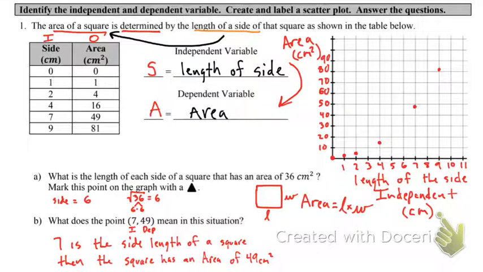So this statement here, (7, 49), is not just numbers, because it is related to the independent and dependent variables. When my side length is 7, that means my area has to be 49. And that's how we would read that. All right, hope that helps.